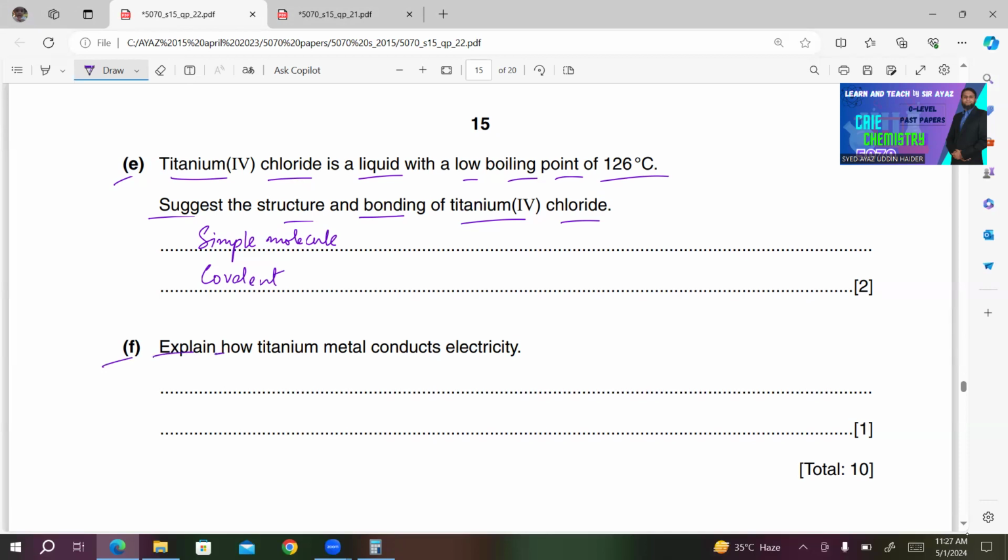F. Explain how titanium metal conducts electricity. It's due to the presence of free electrons. You can write it contains mobile or delocalized electrons.